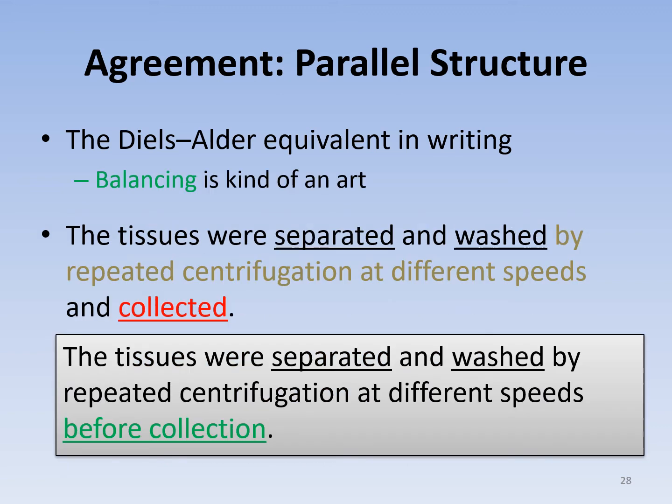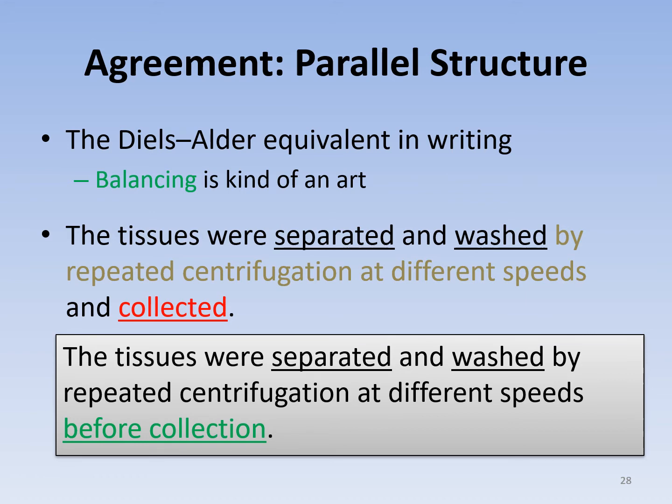And for the second, balance, we're talking about balance. It's like the previous example with security, a sentence that is badly constructed. This sentence is sort of similar: we have the tissues separated and washed with a huge modifier, and then collected.